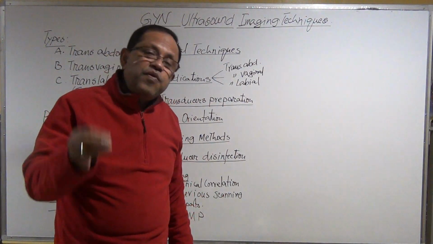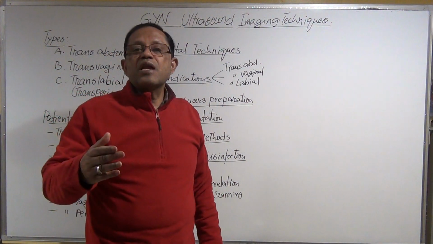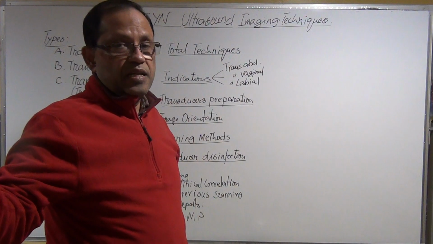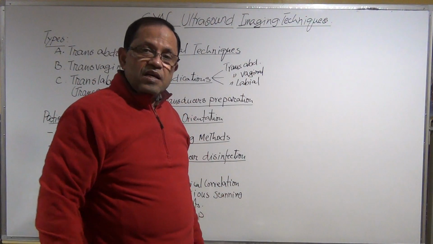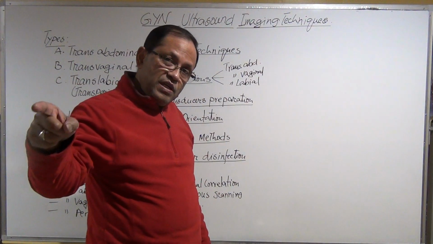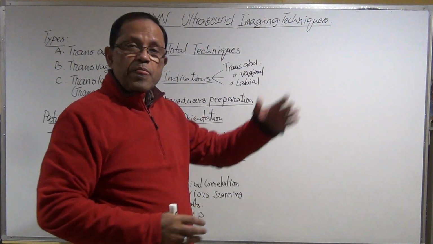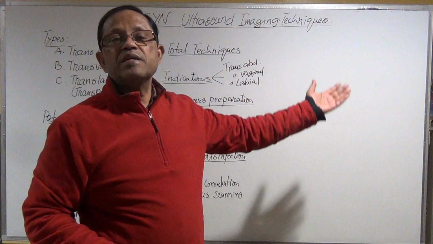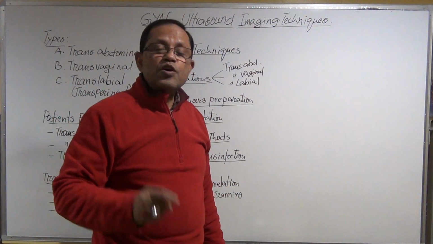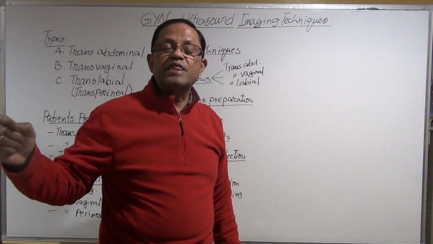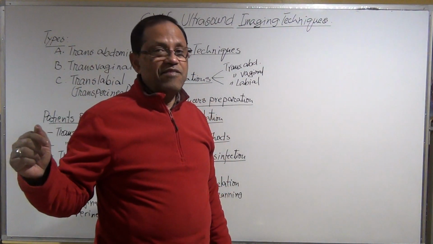And you found something, but you are not describing that. You are describing something else. The patient's symptom is related to the endometrium, but you are describing something else. No, it should not be. Your reporting should correlate with the clinical findings.